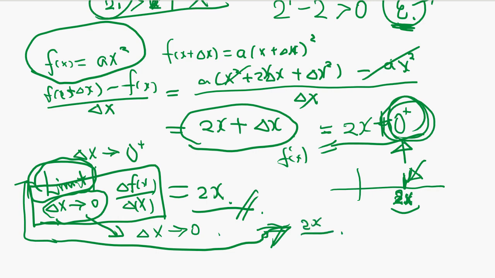Okay, so that's what it is. It's a compound statement. Mathematicians just compacted this limit. If you write in English, the derivative equation becomes like this.